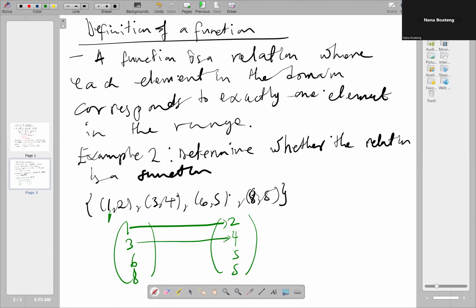Let me write the domain: the first elements are 1, 3, 6, 8. And the range is 2, 4, 5, and 5. So each element in the domain maps onto exactly one element in the range. That is why we say this is a function, because we don't have a case where one element in the domain maps onto multiple elements in the range.